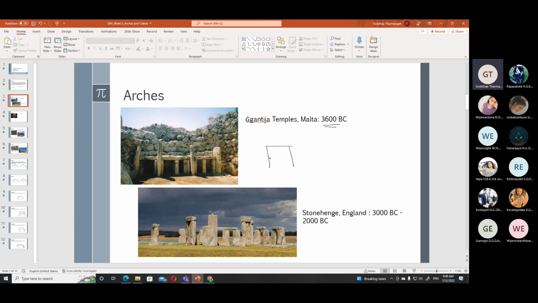Now, when you have this opening wider and wider, you can't look for this sort of a stone or this sort of a stone always. And as the span increases, the stone may become brittle and fail.